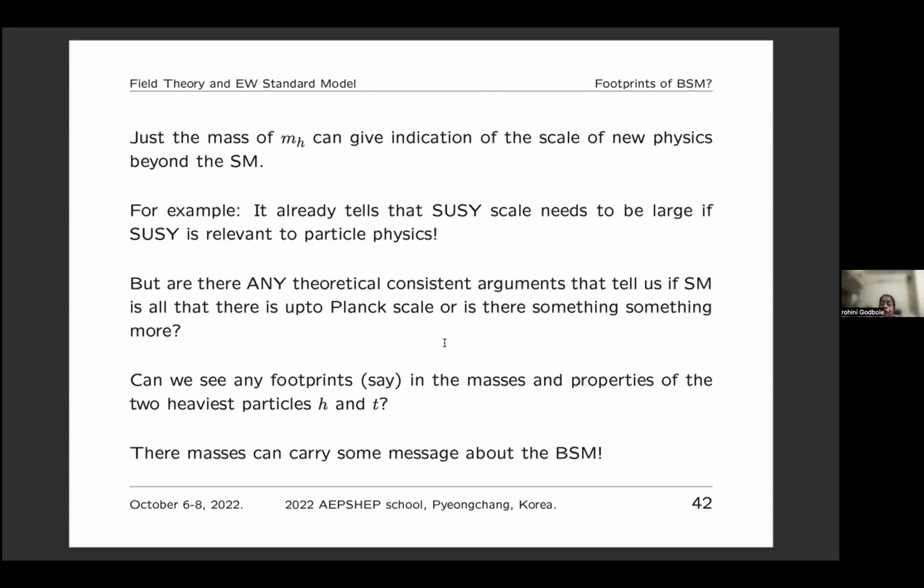Can we see any footprints of heavier masses or new physics, in terms of the gauge structure or whatever have you, in the masses and properties of the two heaviest particles, the Higgs and the top? And can these masses and couplings carry some message from BSM? So that is one of the ways in which we try to proceed to look for BSM.